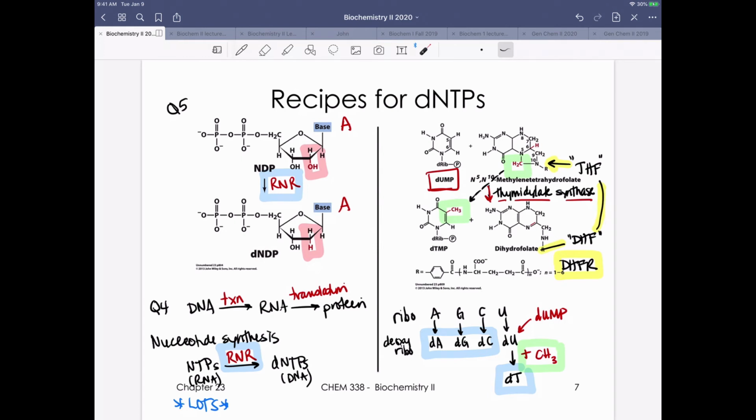One of the things that we need to think about, though, is after THF has sort of done its chemistry, it becomes DHF. So it's lost its methylating agent. And so what we need to have is an enzyme called DHFR, dihydrofolate reductase. So it takes dihydrofolate and it reduces it and it makes it back into THF.